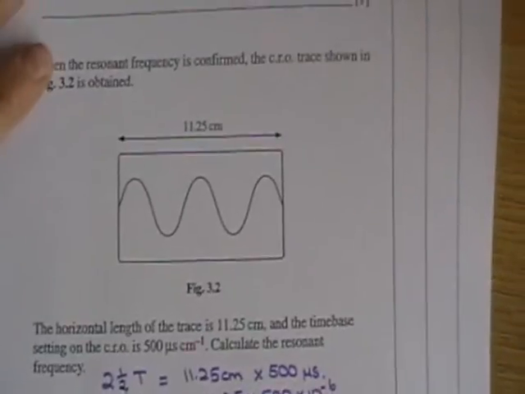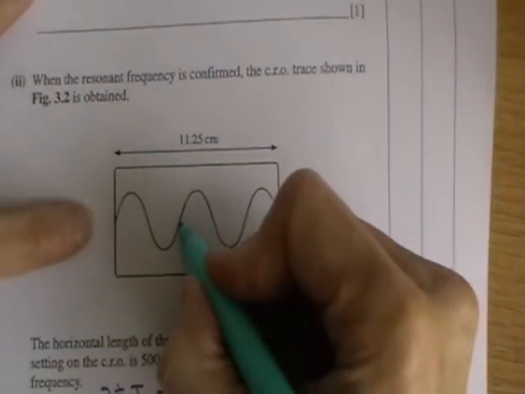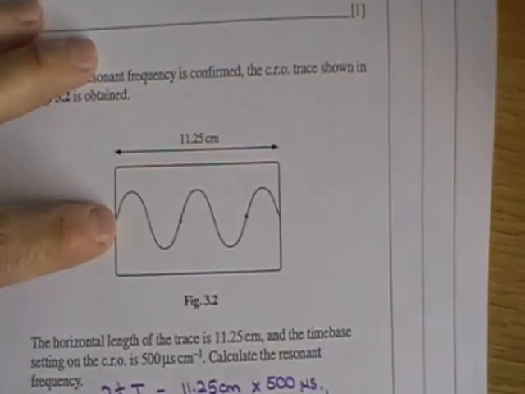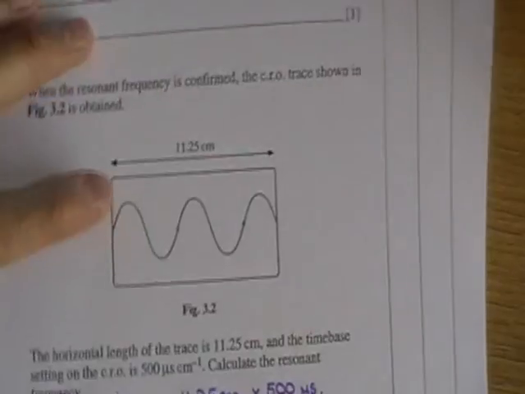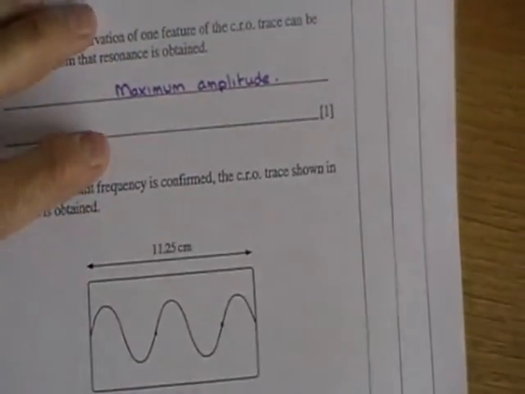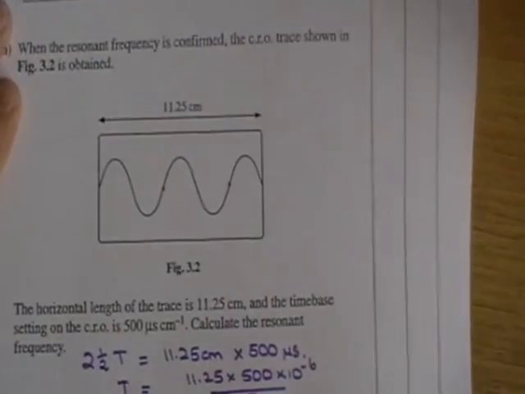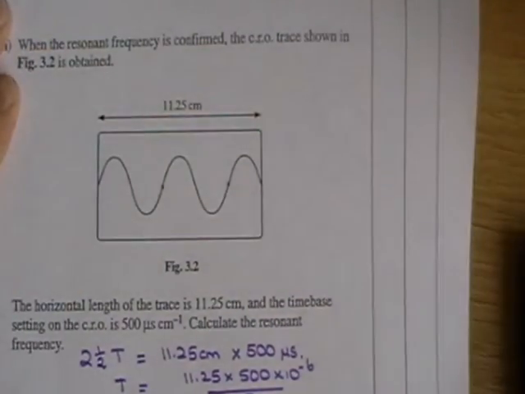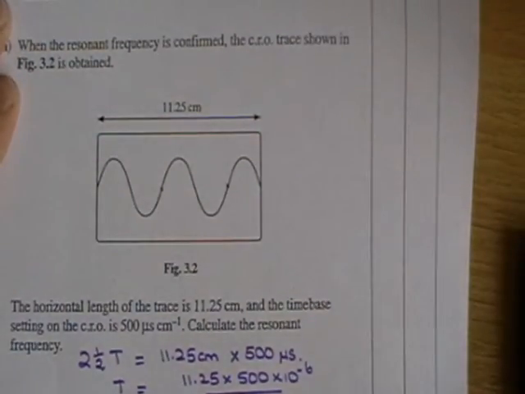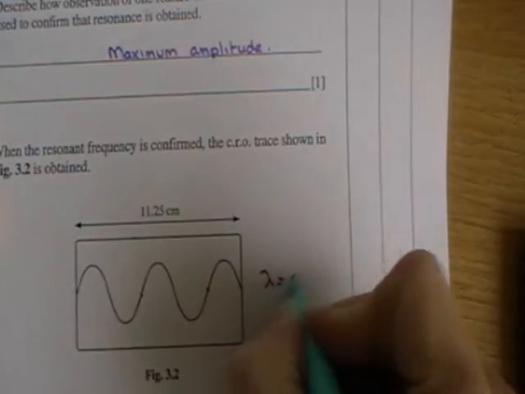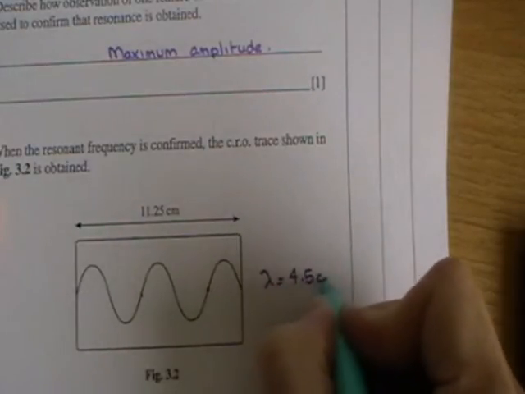Okay, so I'll just go over that again. If I looked at this and maybe did it a different way, you can see there that you have 2.5 wavelengths. And if I have 11.25 centimetres, and I know that I've got 2.5 wavelengths in there, then one wavelength is going to be, if I divide 11.25 by 2.5, 4.5. So one wavelength is worth 4.5 centimetres.